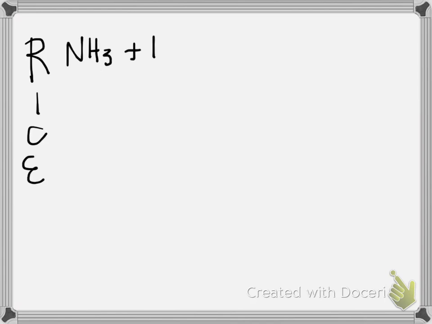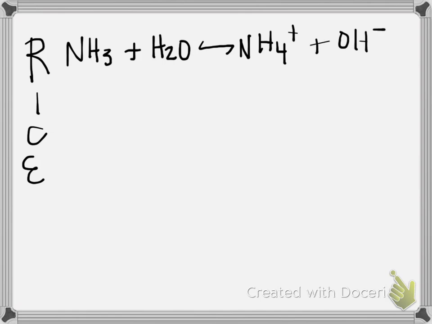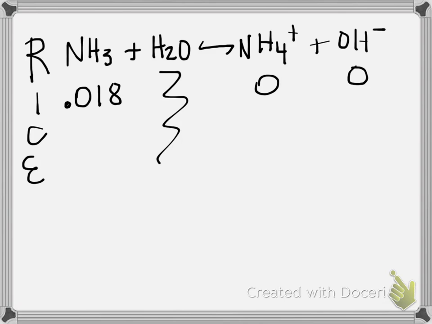So that's what we're going to set up now. So we have our NH3 plus H2O, double arrow, NH4 plus, and OH minus. The water is not going to come into play because it's a liquid. So the NH3 starts at 0.018, and these of course start at 0.